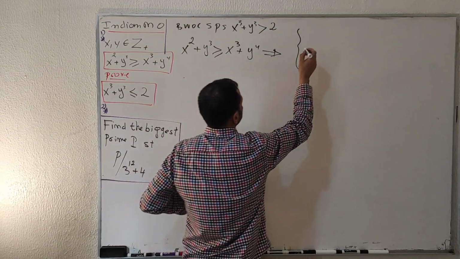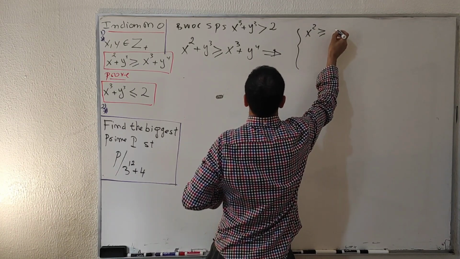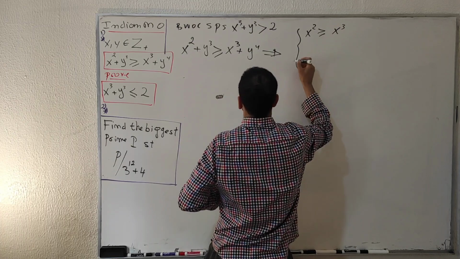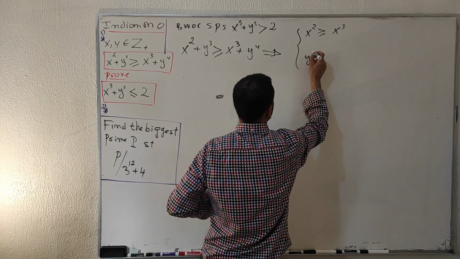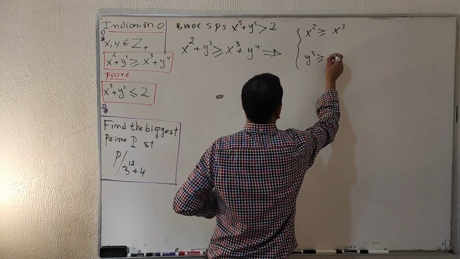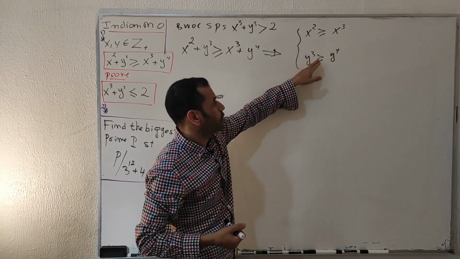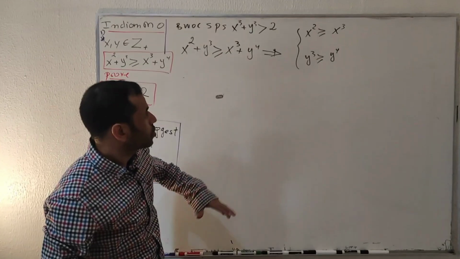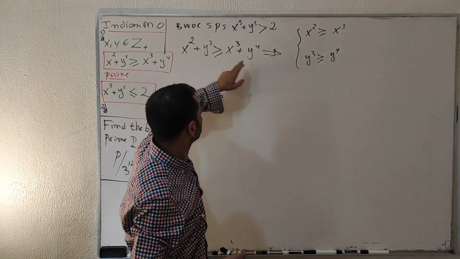It was x squared is greater than x cubed, and the second one, y cubed is greater than y to the fourth, considering both numbers are positive. If you sum these, it takes you back to this one.